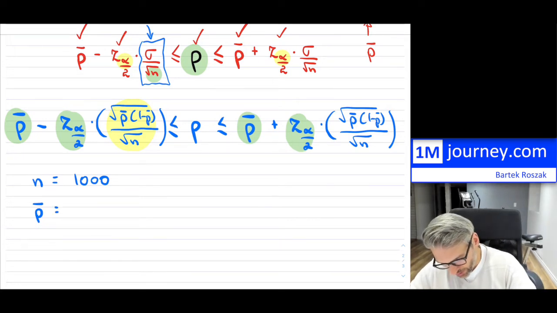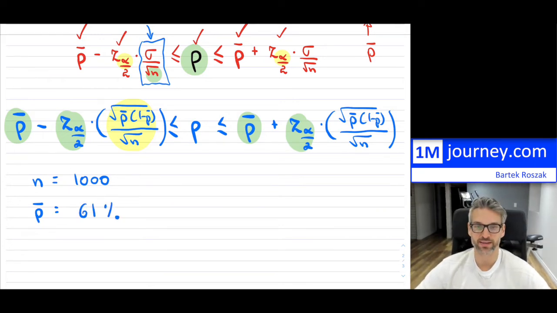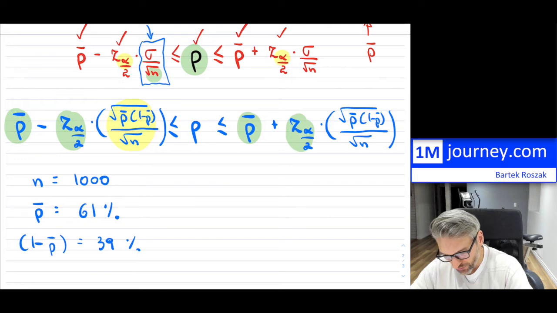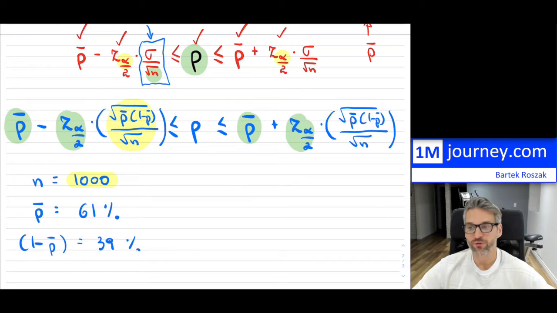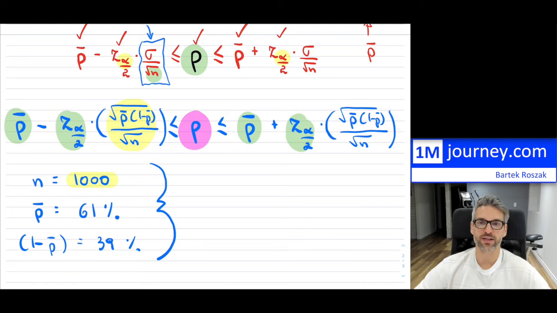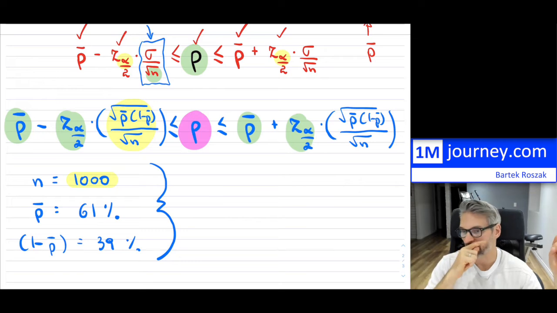Let's say it was 61%. So you found that 61% of the people are supporting it, which means that of course 39%, so 1 minus P bar, are opposing it. That is from this sample. And now from this, I want to see how closely I can figure out this P with some confidence, meaning of the entire population. So how would I calculate that?